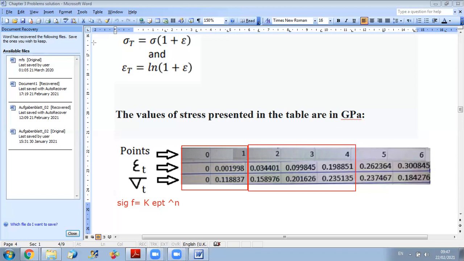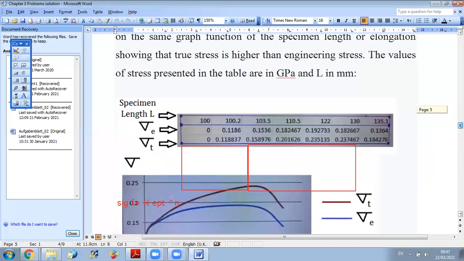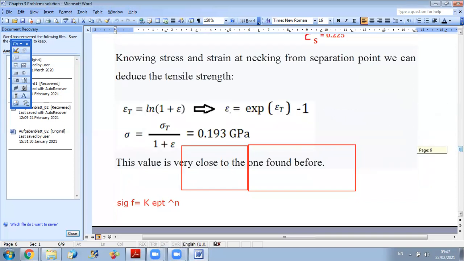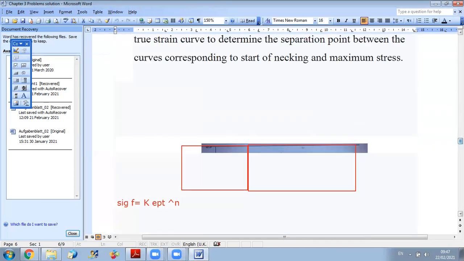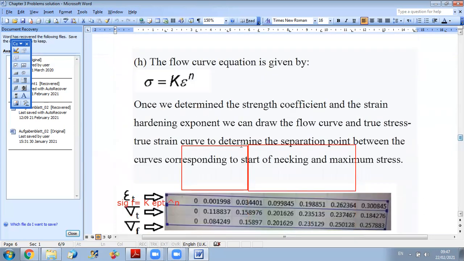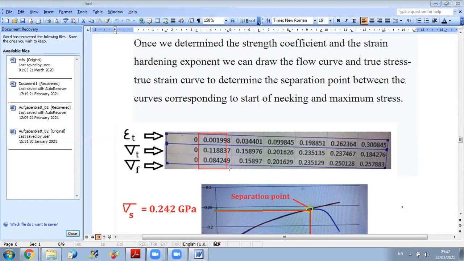Okay, so now if we do the graph, after doing the calculation, here you can see the calculation of the values. Based, of course, on the formula sigma flow equals k epsilon to the power n, you have the values summarized in the table. For 0.1, for example, you can see a difference.